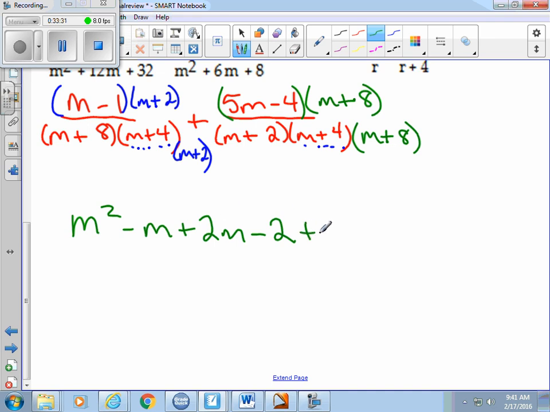The right-hand top, I'll switch colors so you know I'm switching, is 5m squared plus 40m. Are you taking notes? Minus 4m minus 32.